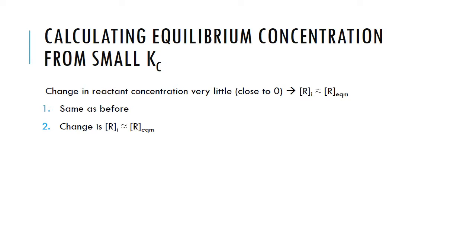Therefore, we have to assume that the initial concentration is the same thing as the equilibrium concentration. So you do everything we just did. Set up the RICE table, figure out what your initials are, plug in the information, your x's, but that change is going to be negligible, so the initial concentration is approximately the equilibrium concentration.